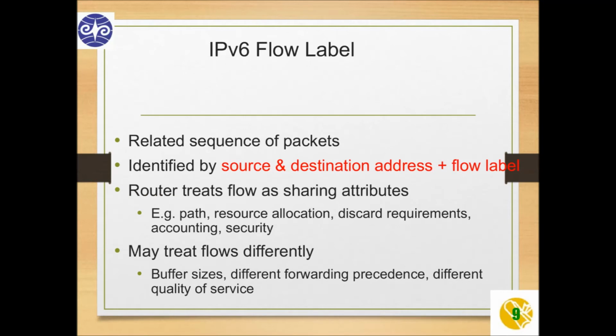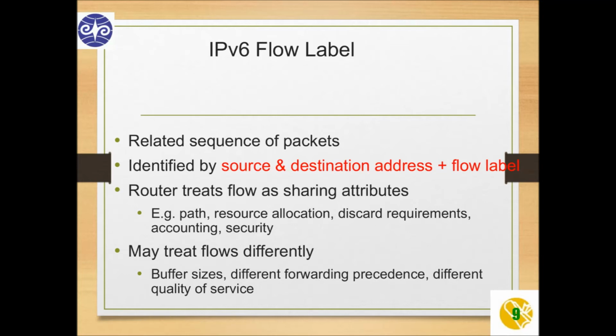IPv6 flow label. Flow control is a very important concept in computer networks. So the flow label is used for flow control. Related sequence of packets: every packet must contain a specific sequence number by which we can control flow.